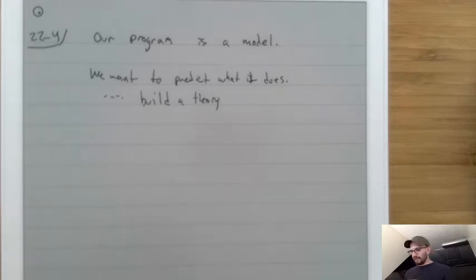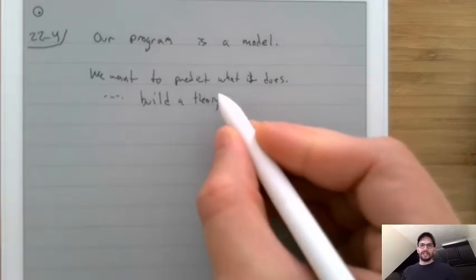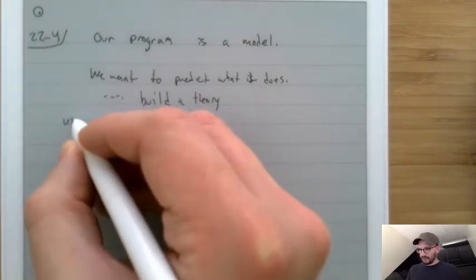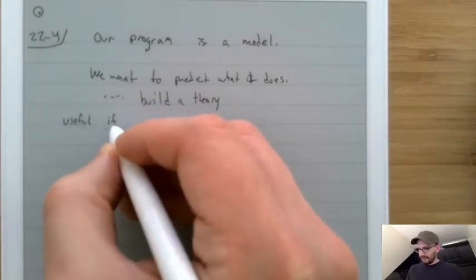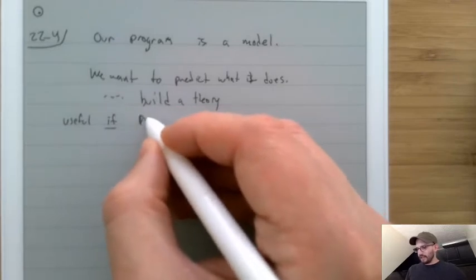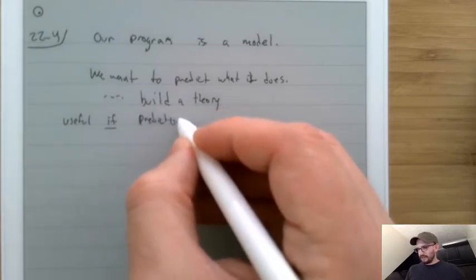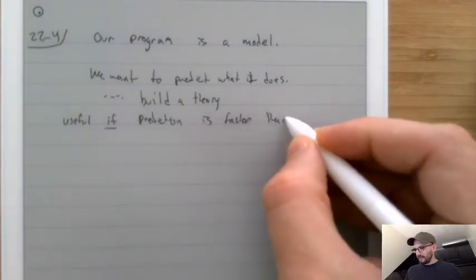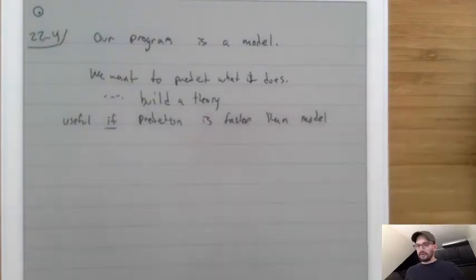This is only useful if making the prediction is faster than actually running the program. So we're going to say useful if prediction is faster than model.